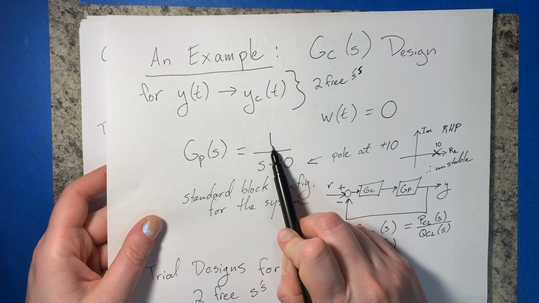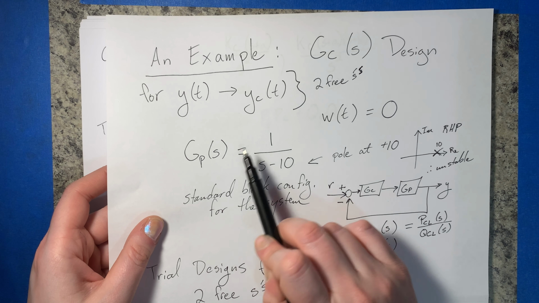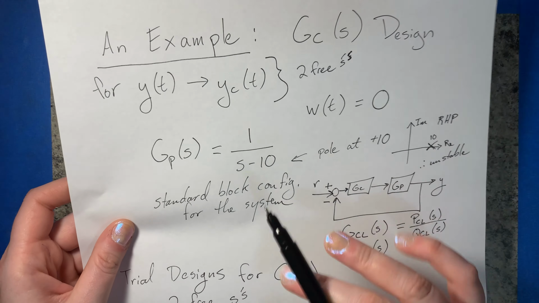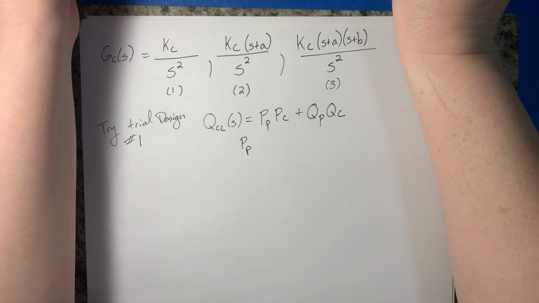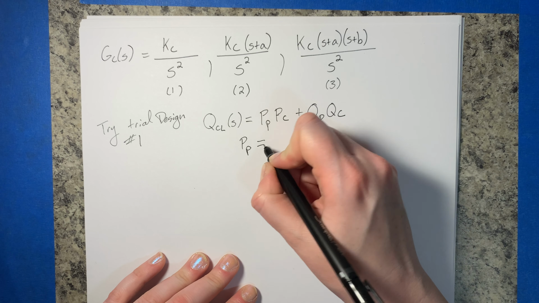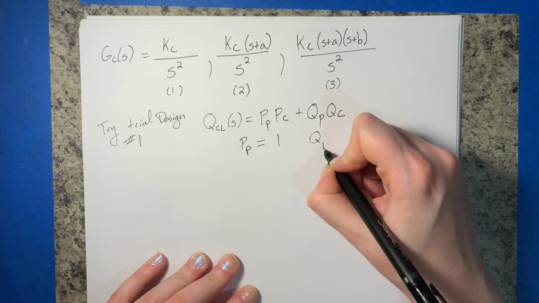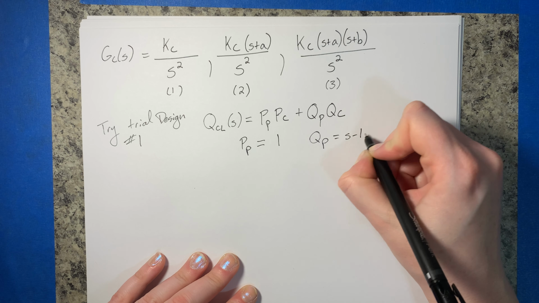So the P sub P is 1 and the Q sub P is S minus 10. These are not going to change throughout all of our trial designs because they are given to us by the system assignment. Okay, P sub P is 1 and Q sub P is S minus 10.